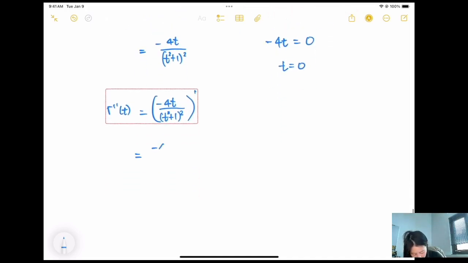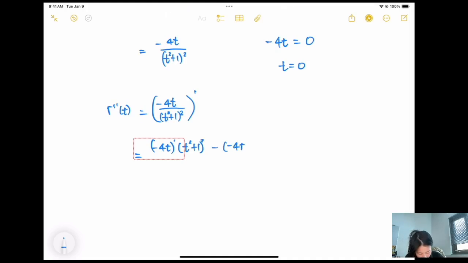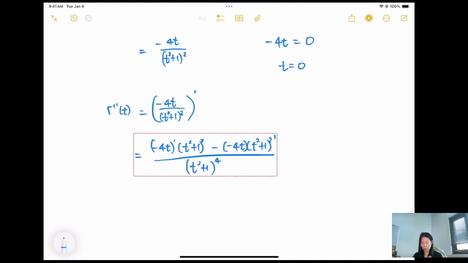So I have negative 4t prime times t squared plus 1 squared, minus negative 4t times t squared plus 1 squared prime, over the square of the bottom. That gives me a 4th power. Okay, the first one, not hard.